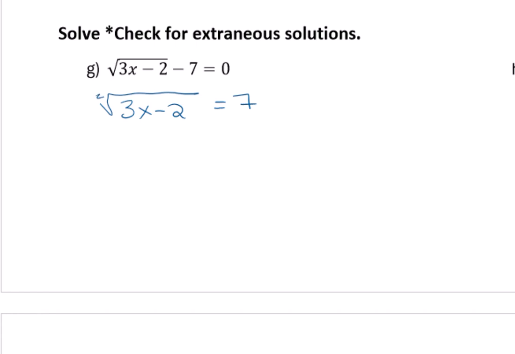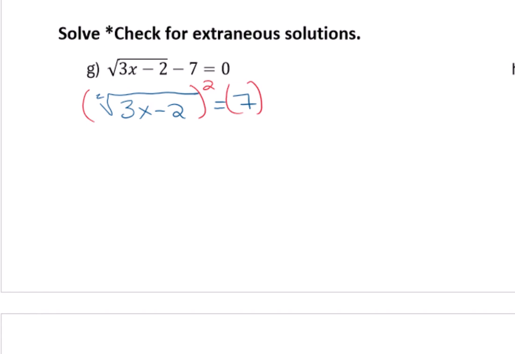Remember the index is 2. So in order to get rid of that square root, remember we're trying to get x by itself, we're going to square it. Just like if we have addition, we're going to do the subtraction. If we have multiplication, we're going to do division. If you have a radical of index n, we're going to take it to the exponent of that n.